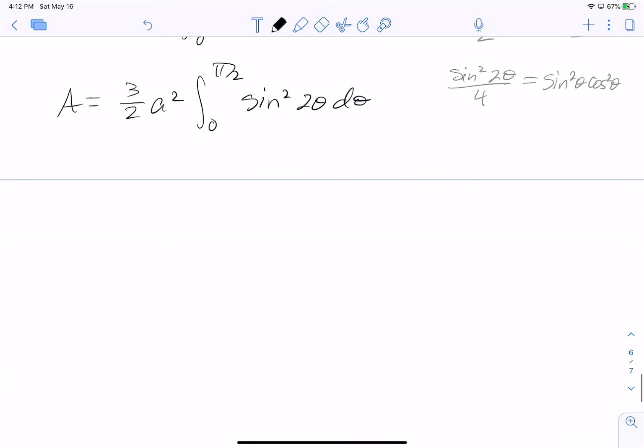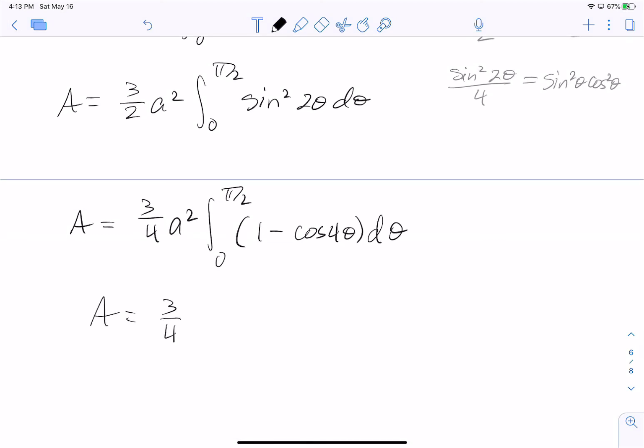Using a power reducing formula, we get that A is equal to 3/4 times lowercase a squared times the integral from 0 to pi over 2 of 1 minus the cosine of 4 theta d theta.